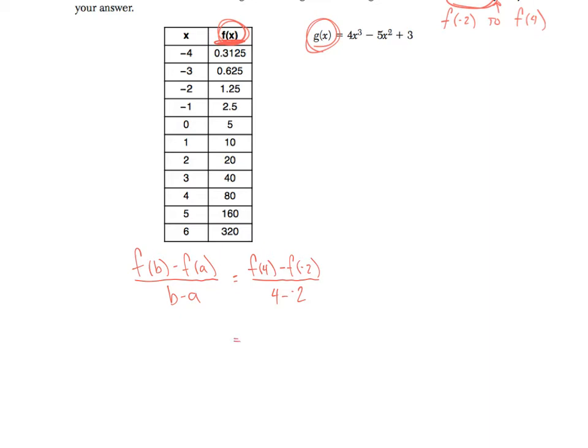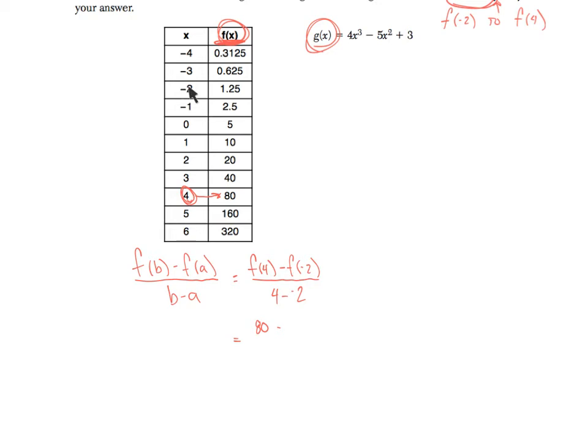Now I want to know what f of 4 is. This is easy, easy, easy because we see the points. When x is my input, 4, what is f of x? 80. f of 4 is 80. Now f of -2.